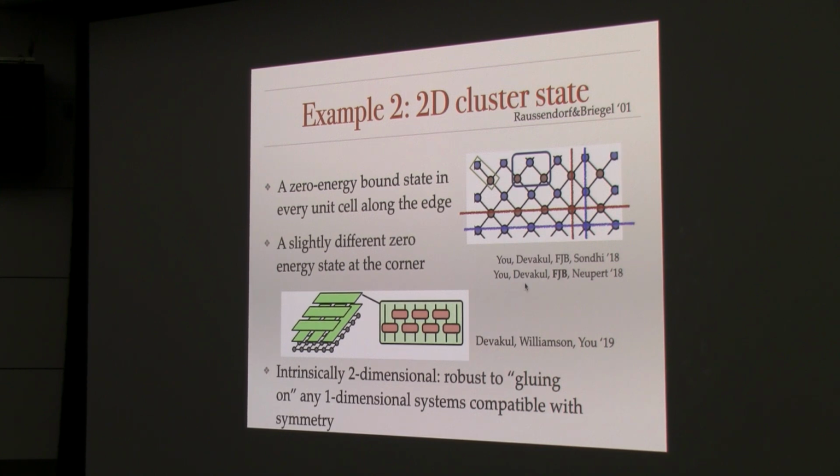And it turns out that when you have subsystem symmetry, you can stabilize a boundary that has a zero energy state for every site along the edge. And so that's what this little blue thing means. And there's a slightly different zero energy state at each corner.